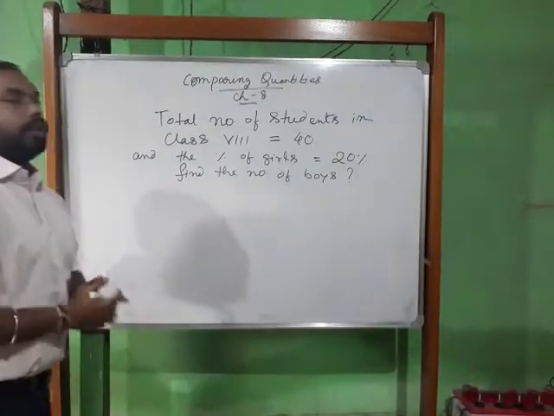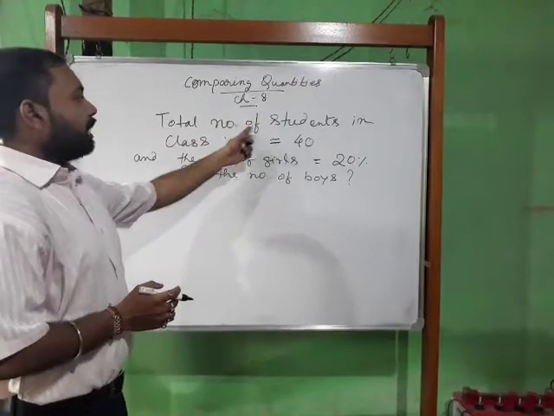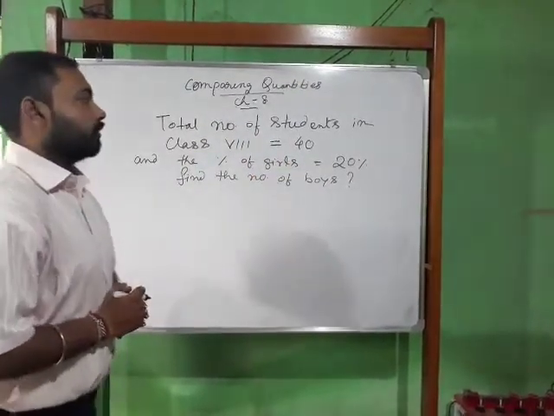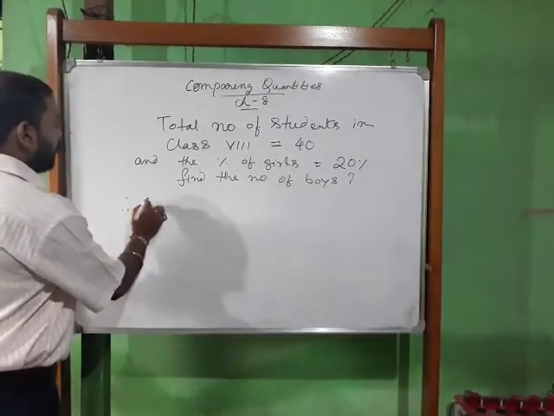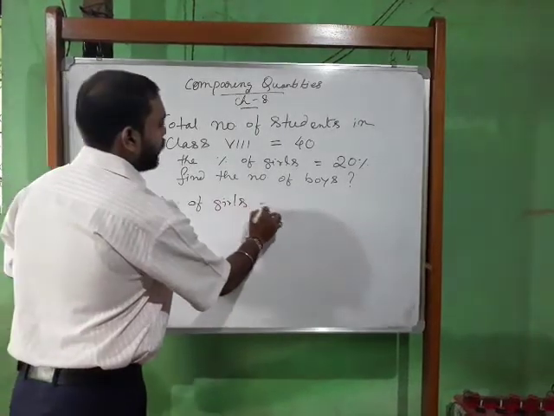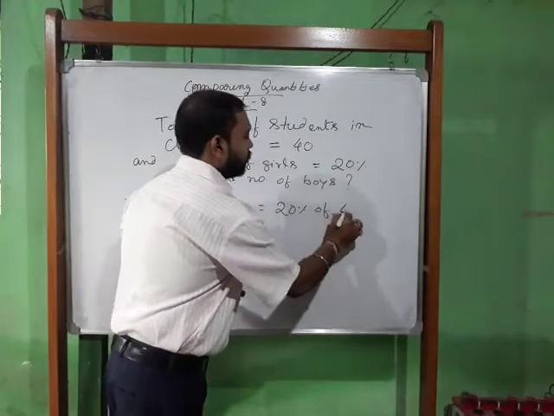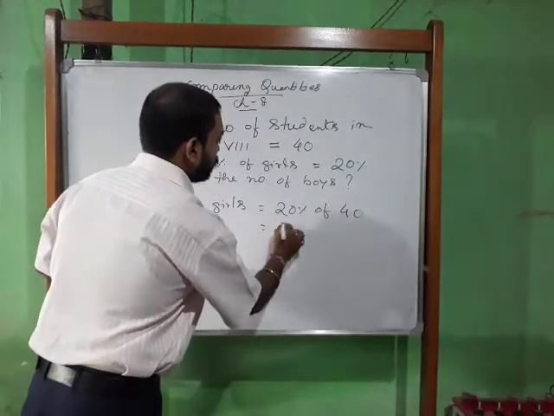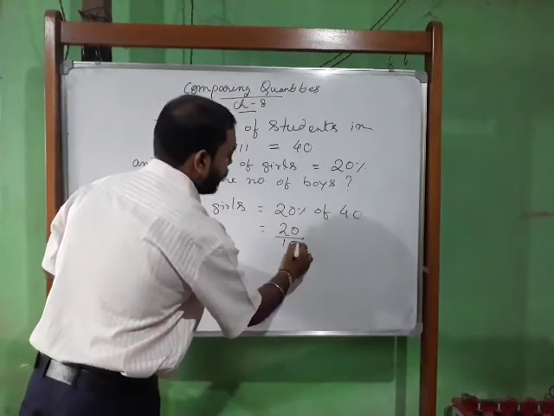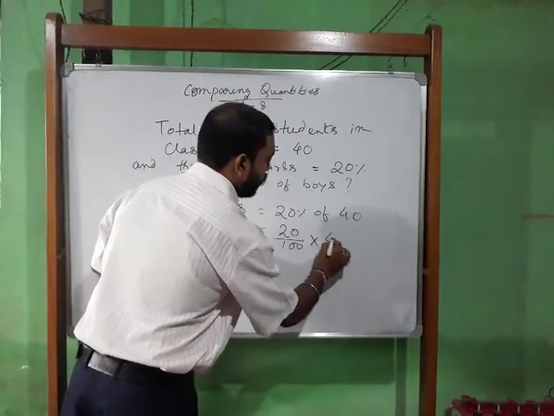So how can we find it now? The total number of students is given as 40 and the percentage of girls is given as 20%. So what will be the number of girls? The number of girls is 20% of 40. So 20 by 100, where the percentage sign becomes 100, of means into 40.